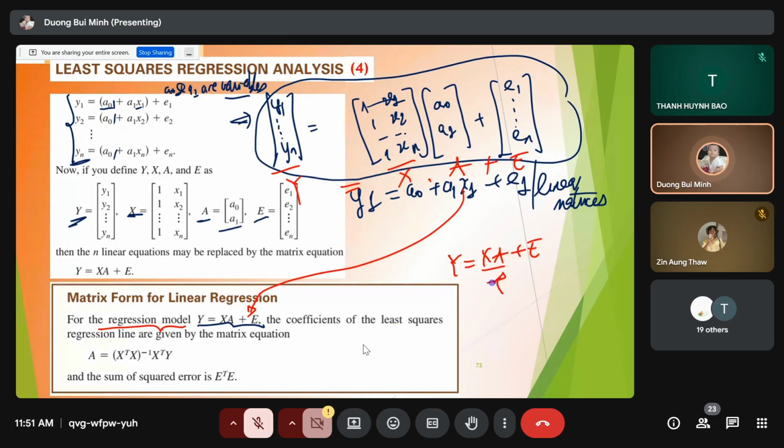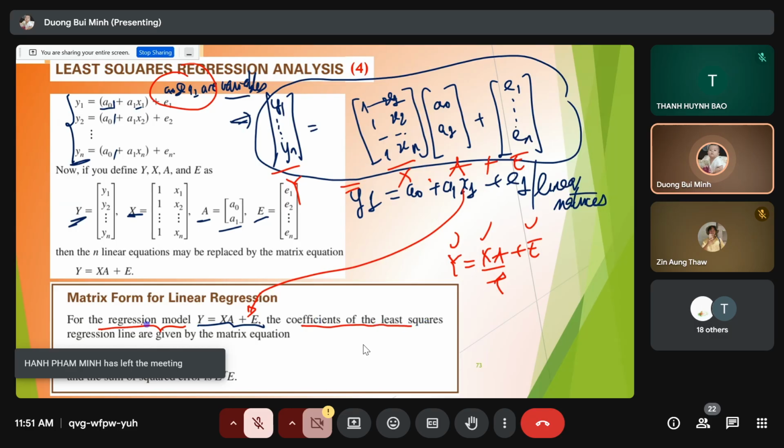Why do we find a? Because a contains the variables. We already know y. We know x. We know e. We need to find a. The coefficients of the least square regression line are given by the matrix equation here.